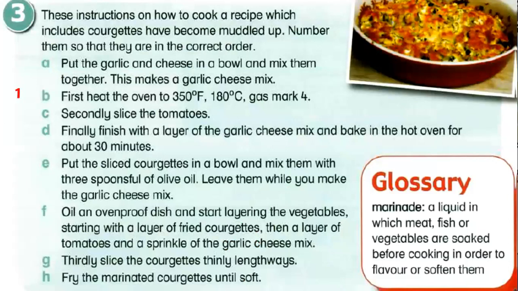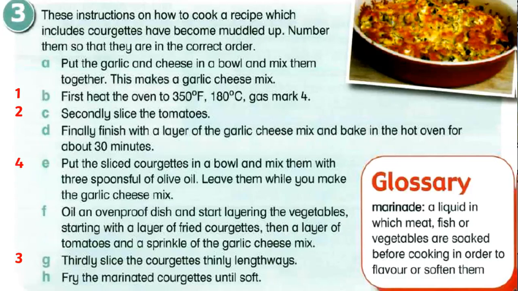First, heat the oven. I know that from the time connector, first. After that, secondly, slice the tomato. I have the time connector secondly. So it doesn't need a lot of effort to think and figure it out. Third, thirdly, put the slices.